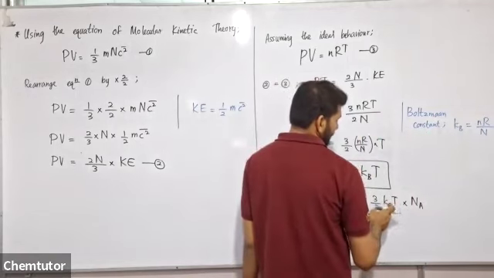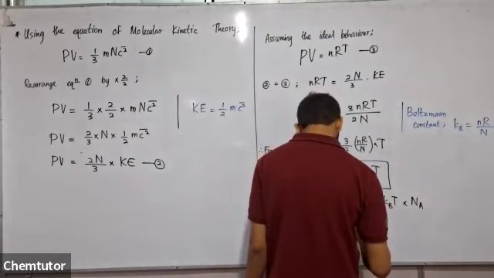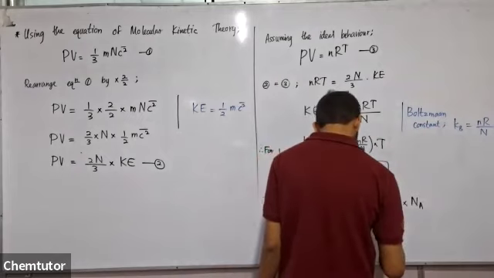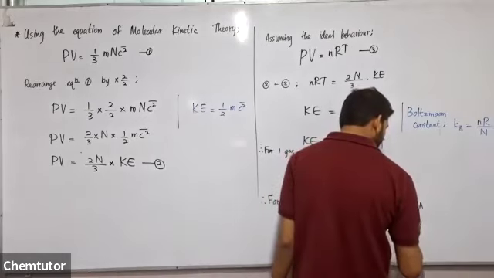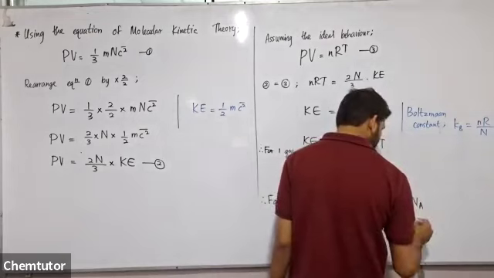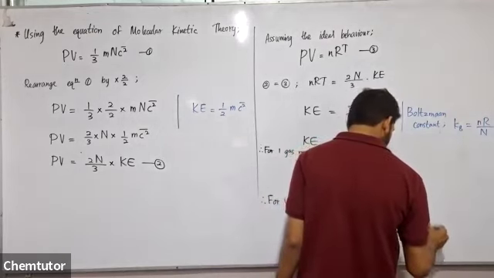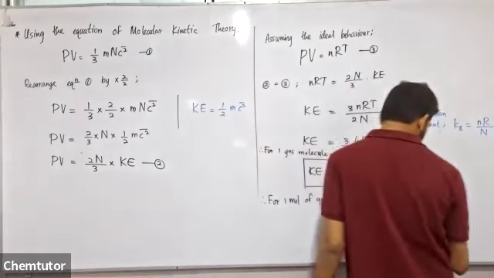Now we know that in 1 mole, kB means R divided by N_A, right? Why is that?